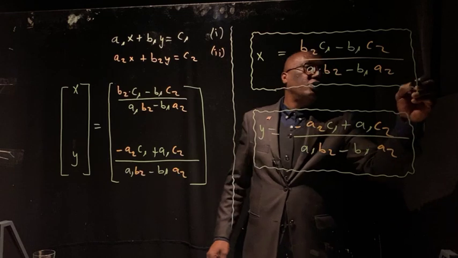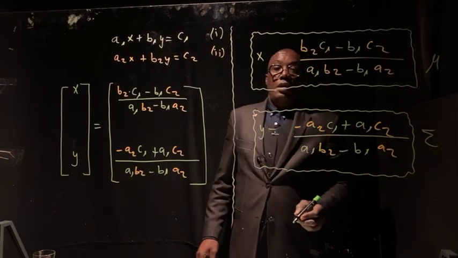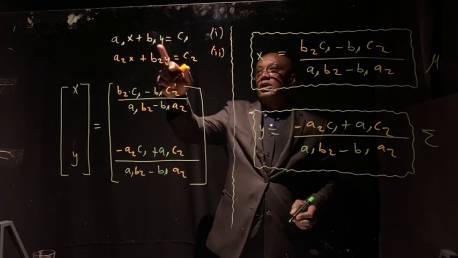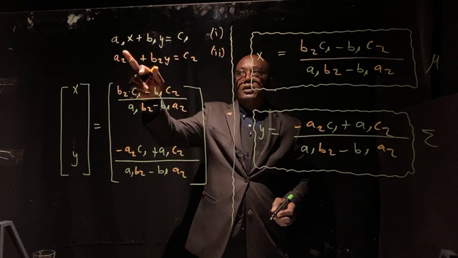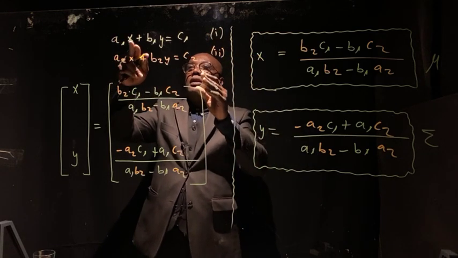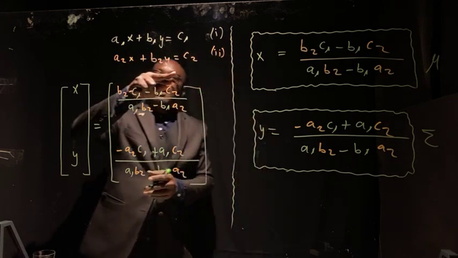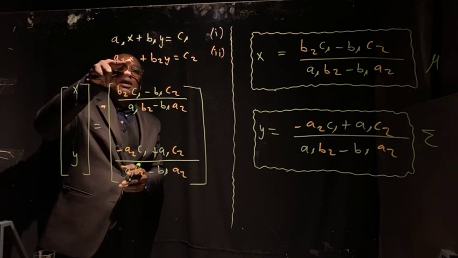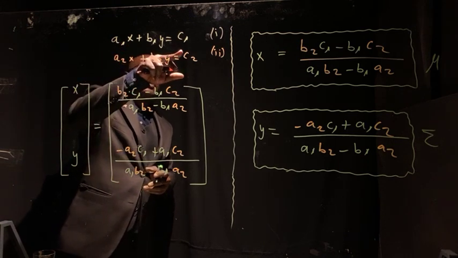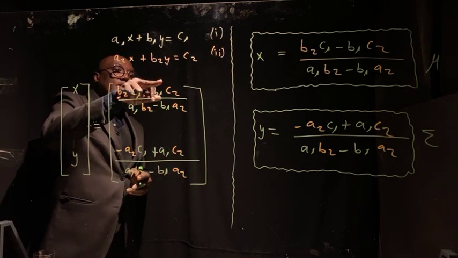I'll call this one equation micro, and I'll call this one equation sigma. Both are the solution of the simultaneous equation. The first equation is a1x plus b1y equals c1, and the second equation is a2x plus b2y equals c2.